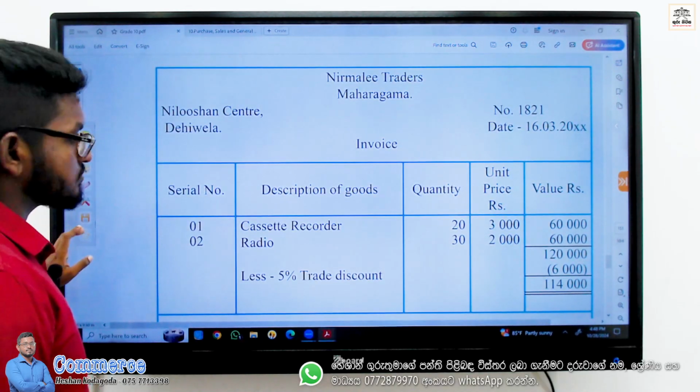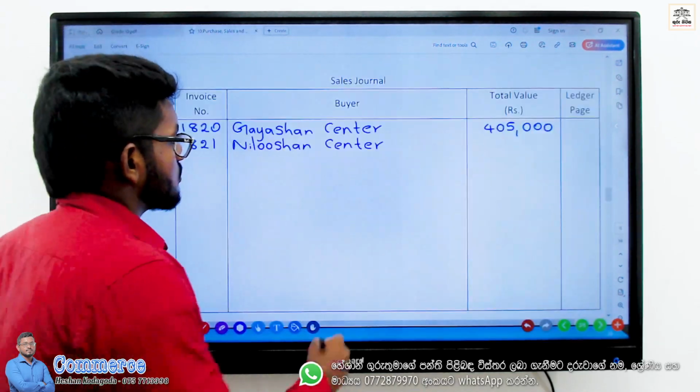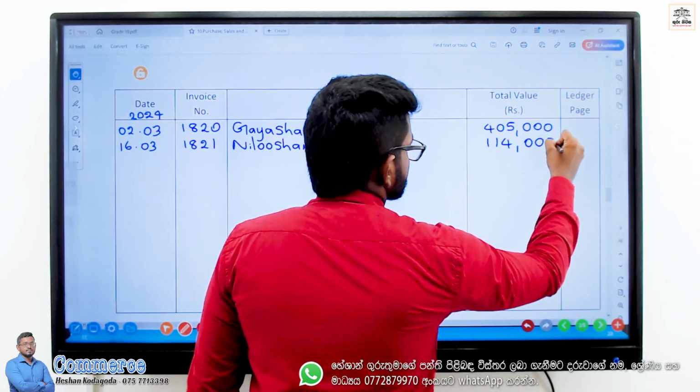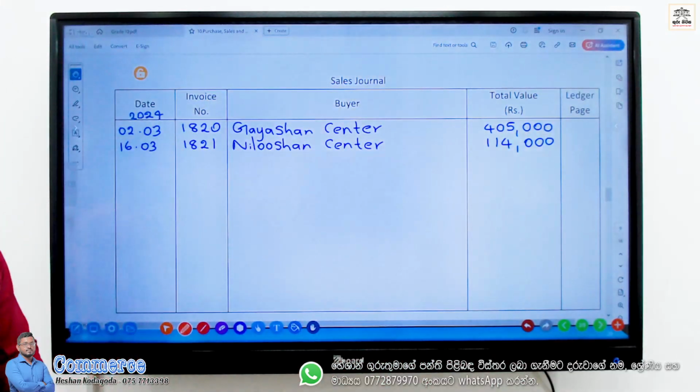After deducting discounts, it's $114,000. Right?